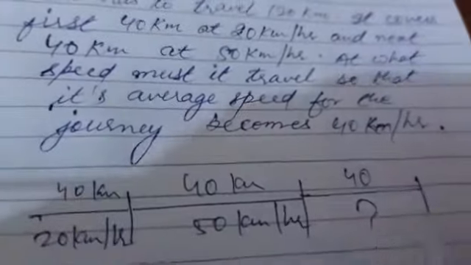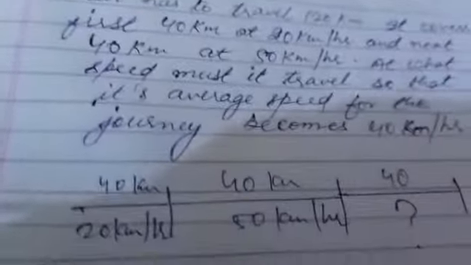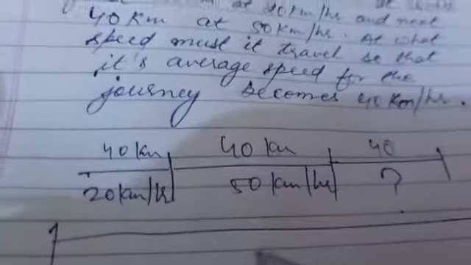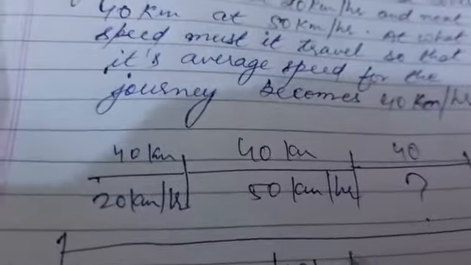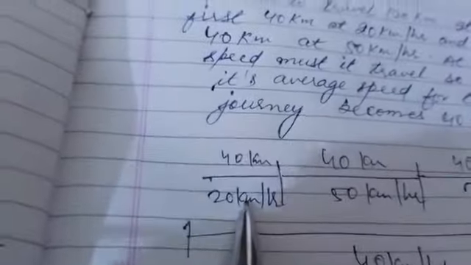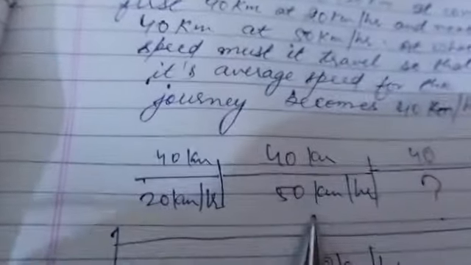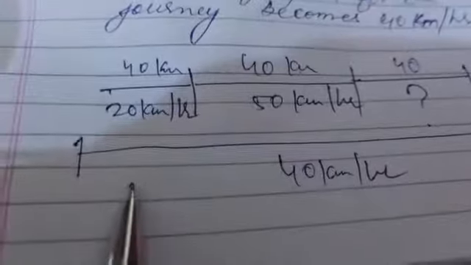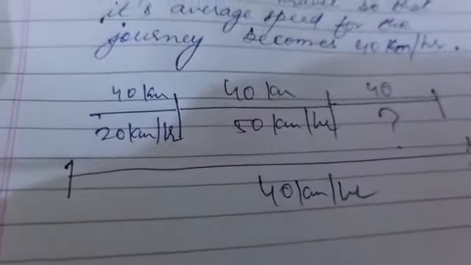This speed we have to calculate, but we know that the average speed for the 120 kilometers is 40 kilometers per hour. So if we can calculate the time for the first and second parts, we can calculate the total time taken for the complete journey. Okay, so first we'll note down everything and then we'll do the calculations.